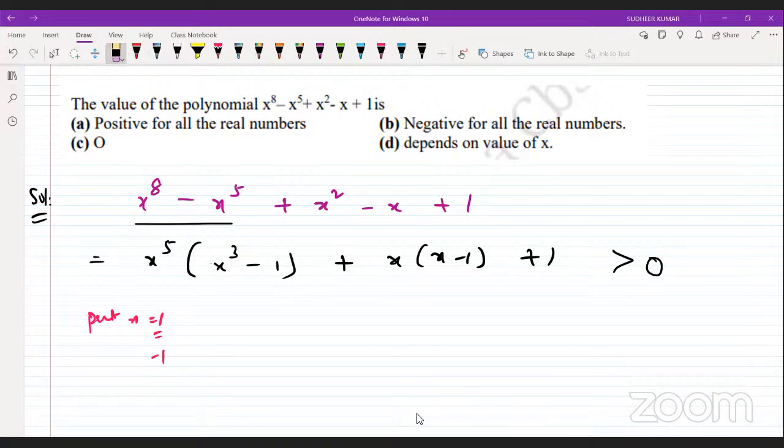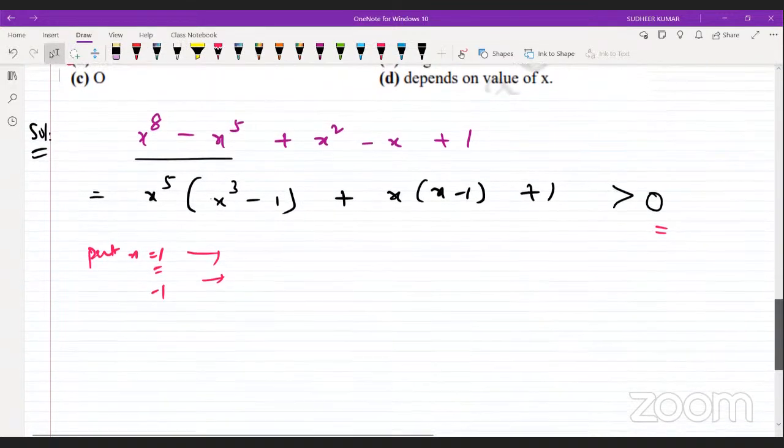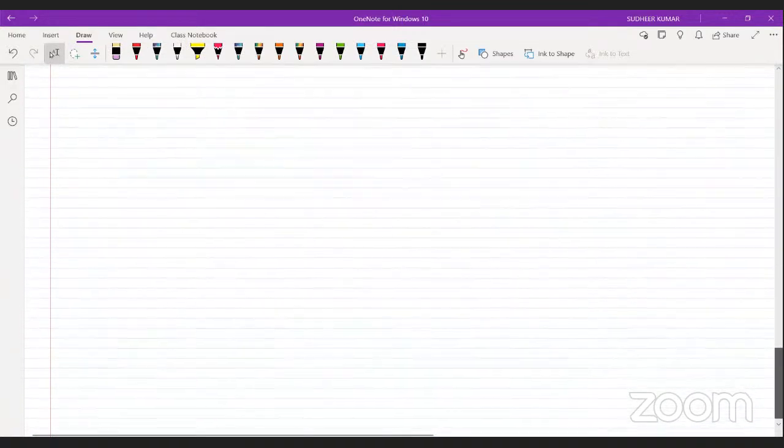So it is positive for all the real numbers. You can substitute values using the trial and error method, then you will get it as always positive. Right. Next.